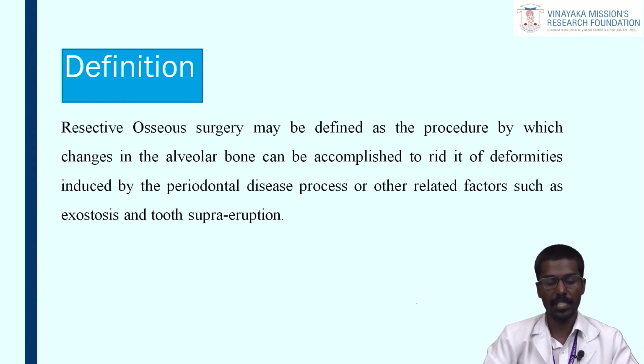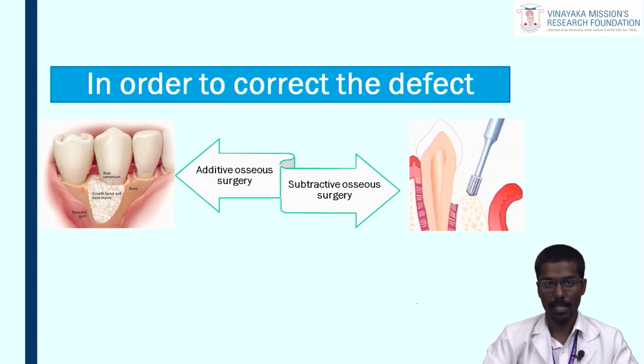Resective osseous surgery may be defined as the procedure by which changes in the alveolar bone can be accomplished to get rid of the deformities induced by the periodontal disease process or other related factors such as exostosis and tooth supra-eruption. As I said earlier, one is the additive, where we place the bone graft. The next one is the resective, where we remove some of the alveolar bone.